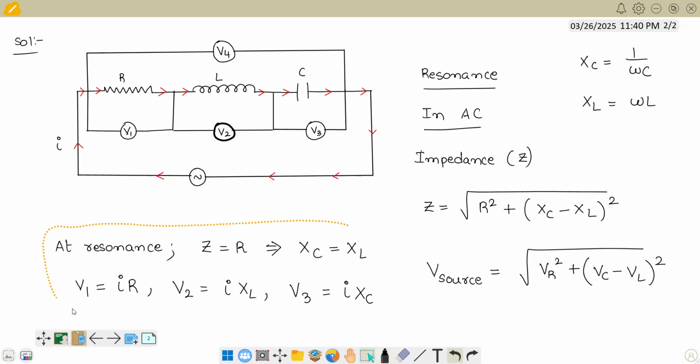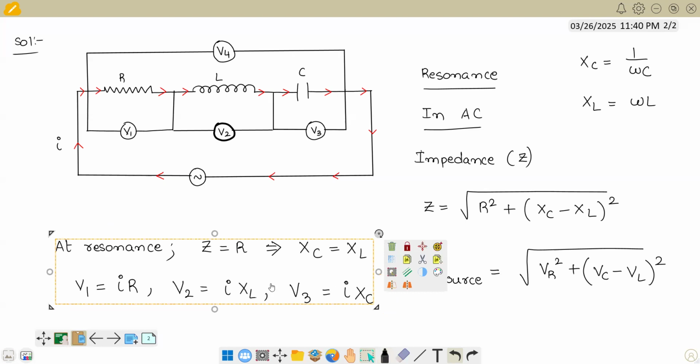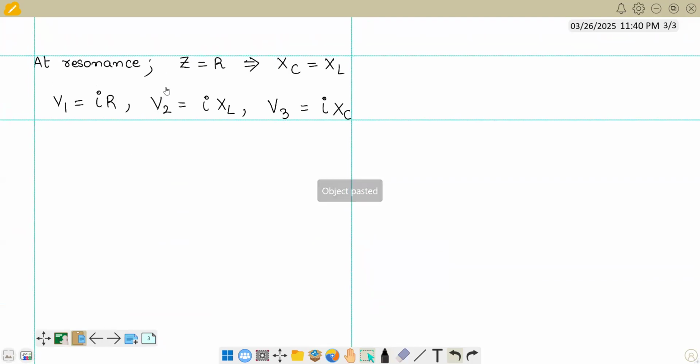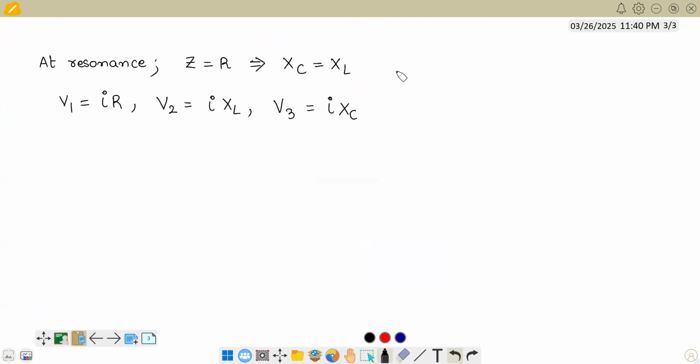From this, we can directly conclude that V2 equals V3.